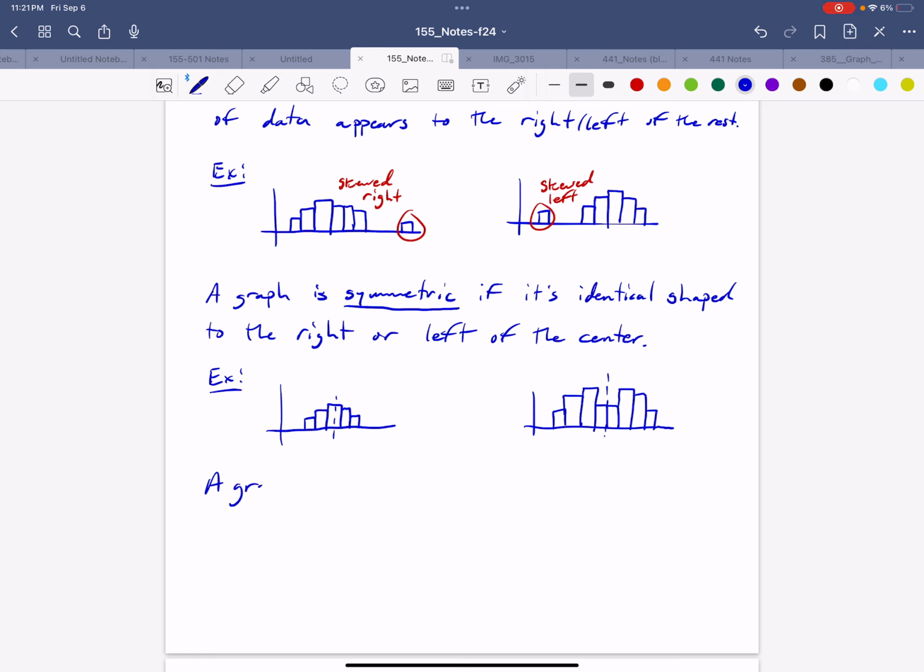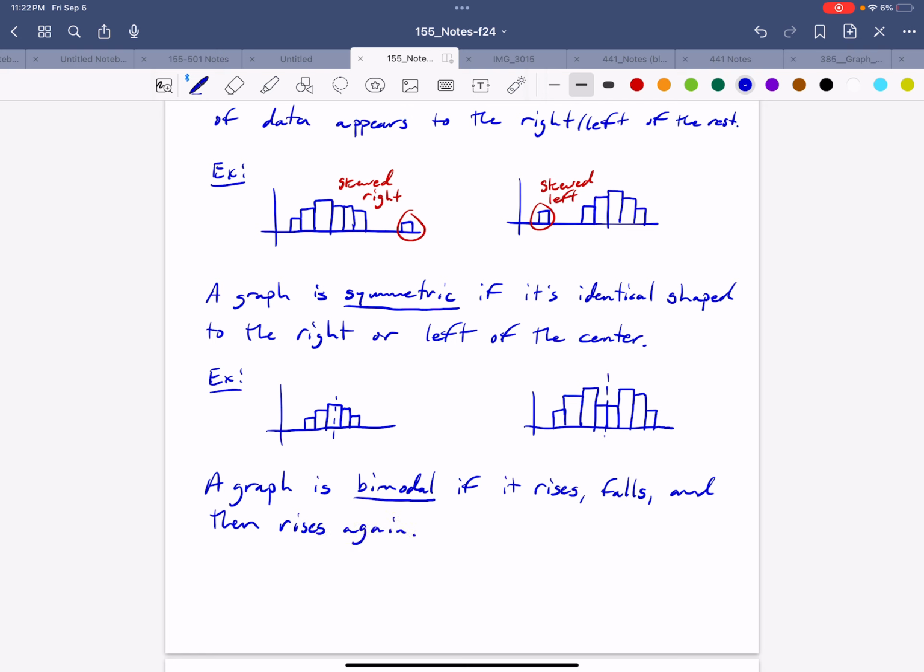A graph is bimodal. This is an important one. Well, bi means two, mode means most. And you would say it's bimodal if it rises, falls, and then rises again.